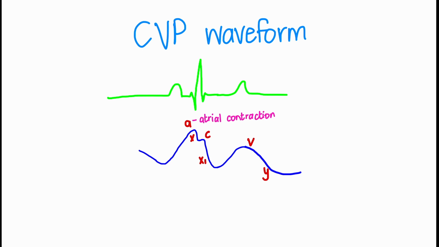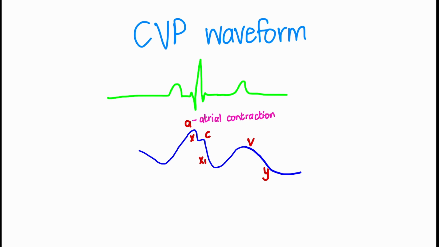So basically, we are measuring the cardiac cycle from the perspective of the right atrium. So our first big pressure is from atrial contraction. This is generated by electrical current by the SA node. On the ECG, we see a P wave. On our CVP waveform, we will see an A wave.